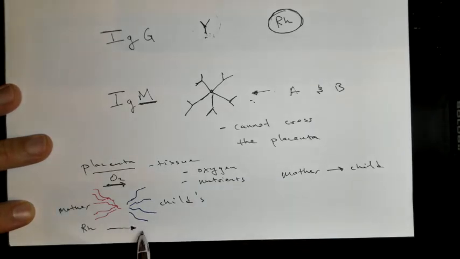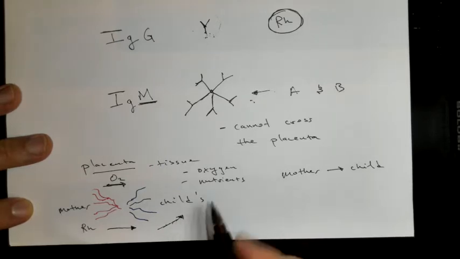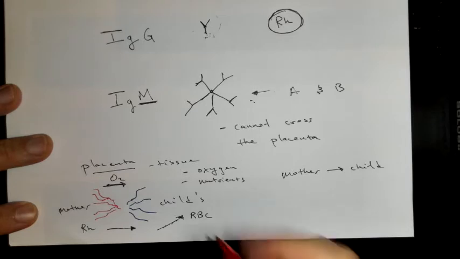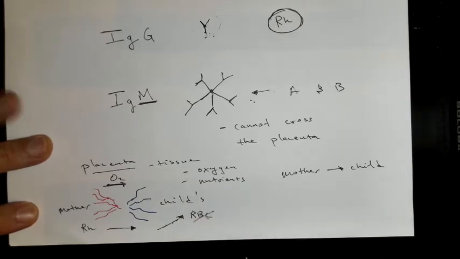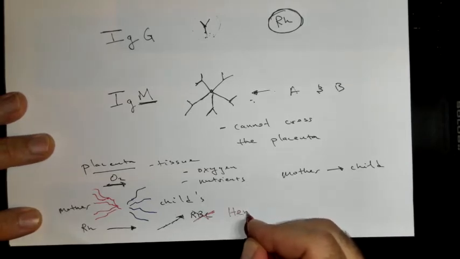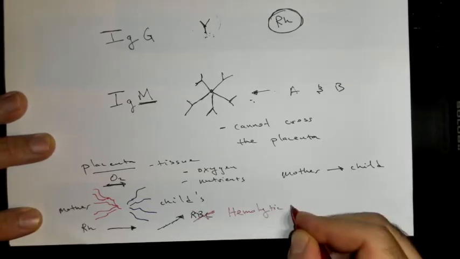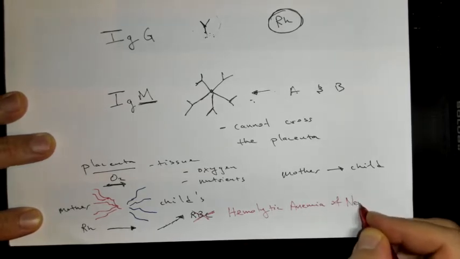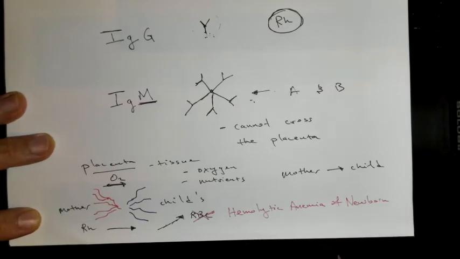And if it does, it can start attacking the child's RBCs and causing a type of anemia called hemolytic anemia of newborn. So we're going to talk about how we want to avoid this from happening.